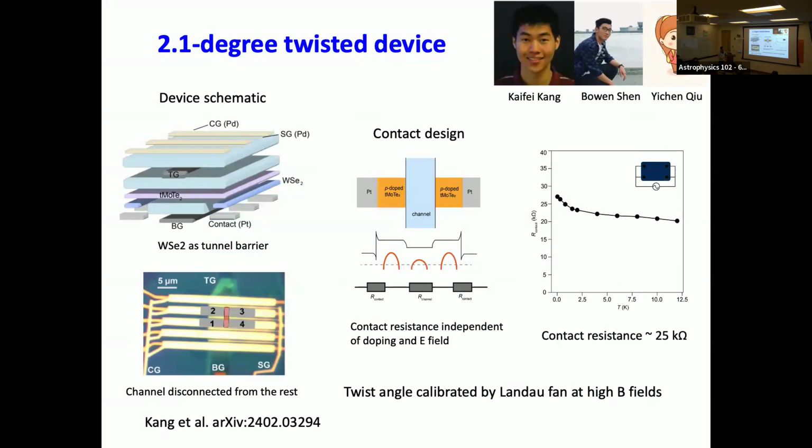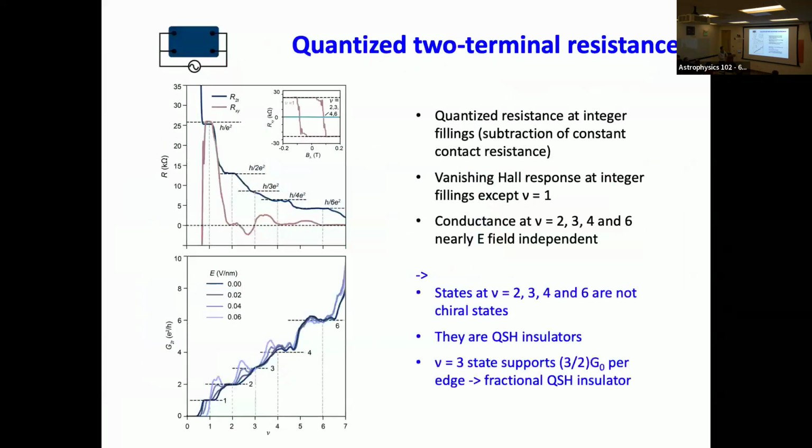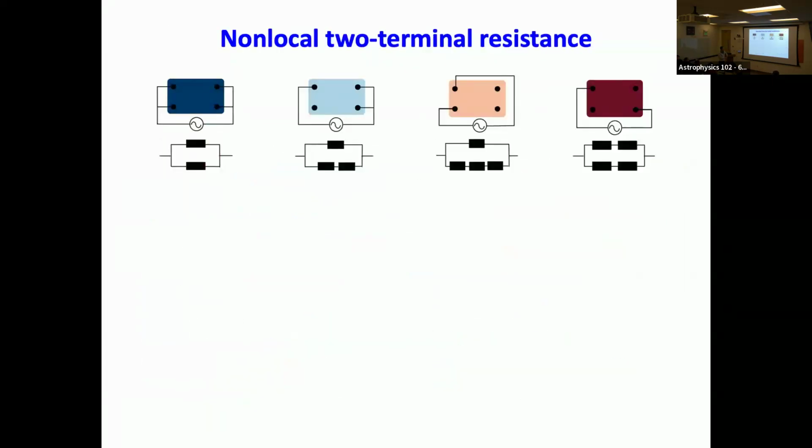Otherwise, you cannot really get a value that's pretty close to h over e squared. So you're saying that the contact resistance here is negligible. In the resistor diagram, the contact resistance at the left and right is not negligible, but within this structure it is different, a different kind of contact. Yes, exactly. Here it is really from the channel to the heavily doped region, and we believe the contact there is very transparent.